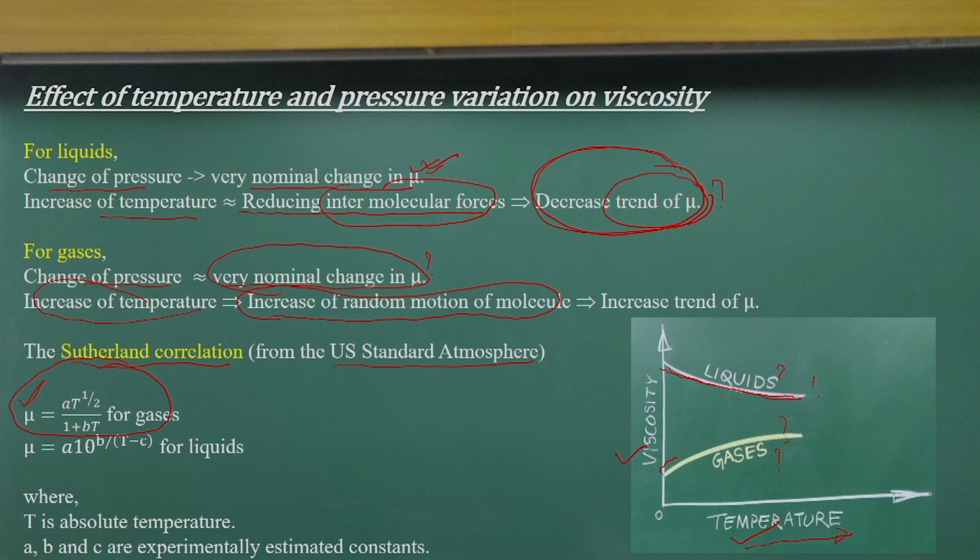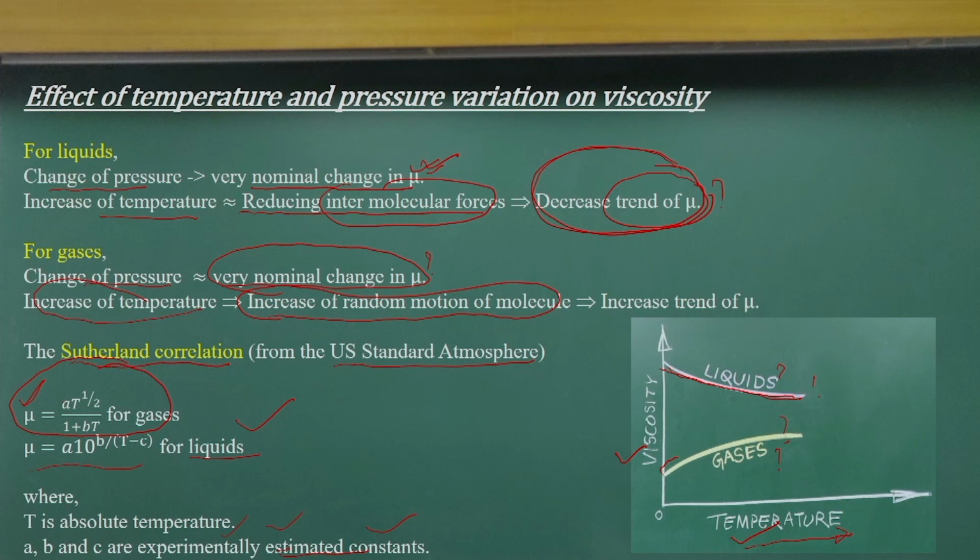Similarly, for liquids, it has a 10 to the power function, where A, B and C are constants, and we can get these from experiments or any reference book and textbook.